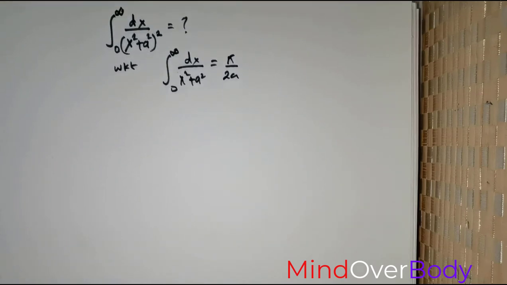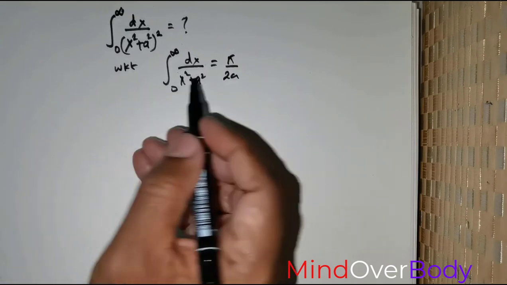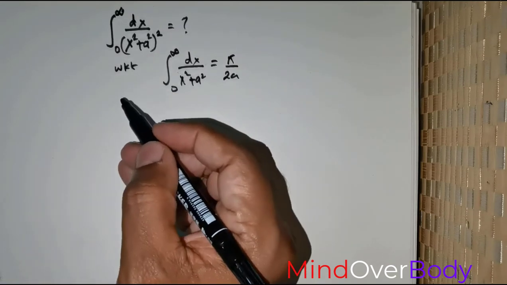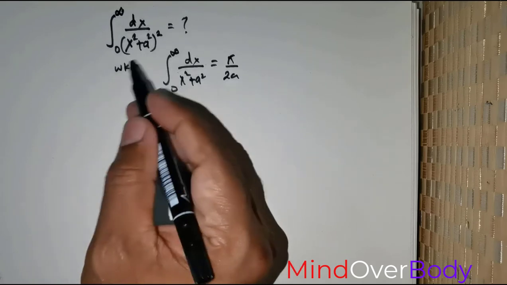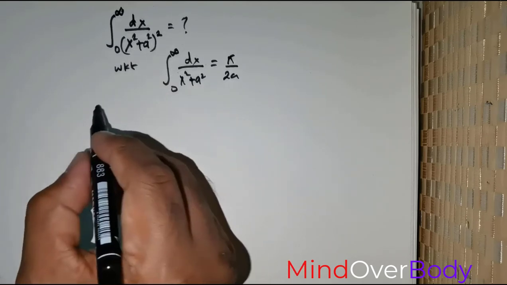Now having got that understanding, let us go and use Leibniz rule. In fact, Leibniz rule is the shortest way by which we can simplify this and extract the solution for this question.